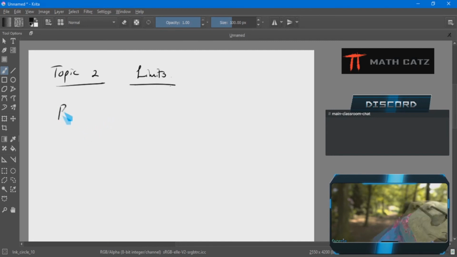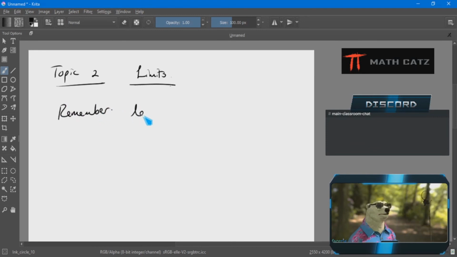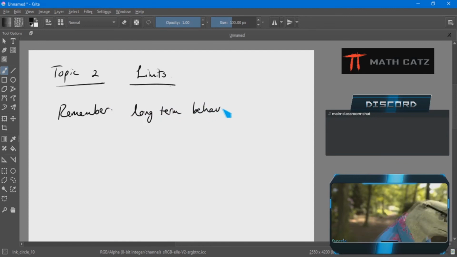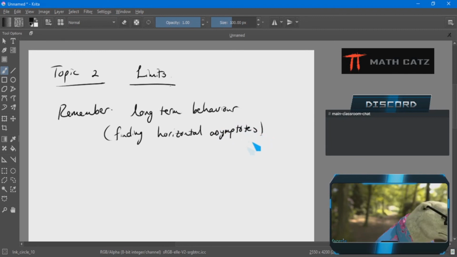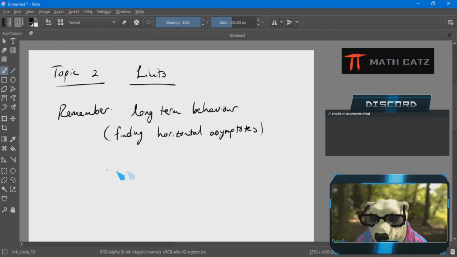So let's remember long-term behavior, the long-term behavior question, or finding a horizontal asymptote, if there are any. What was that question? Now let's just do it for a polynomial.